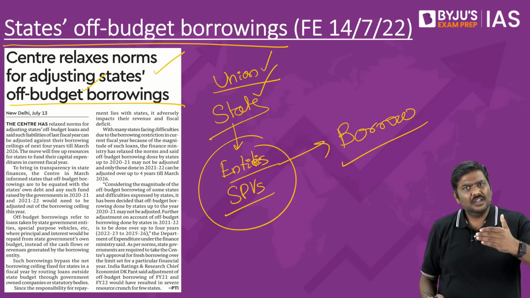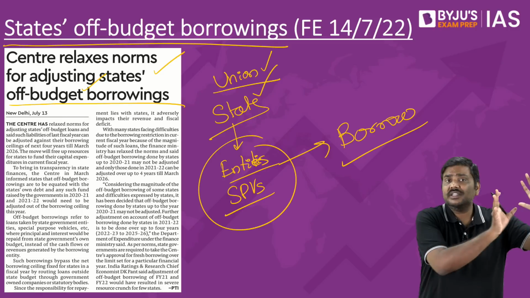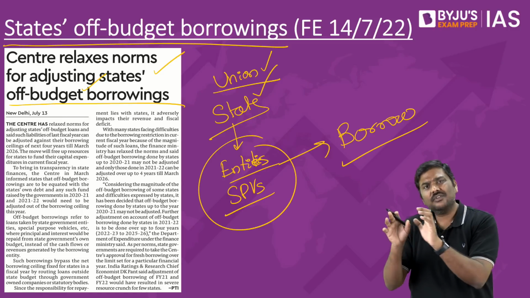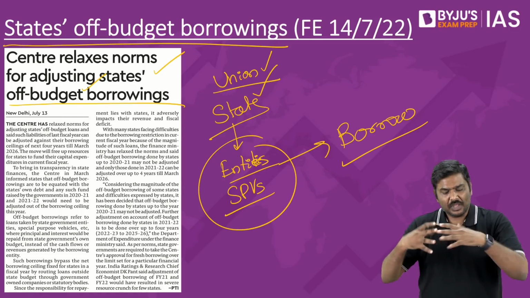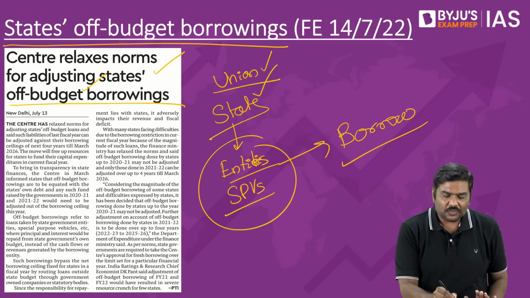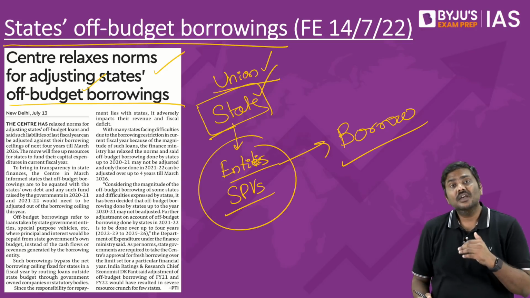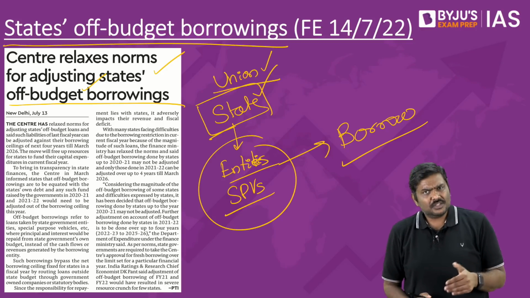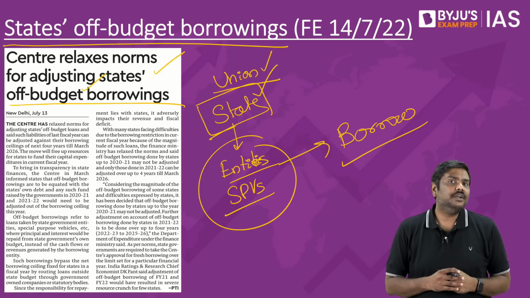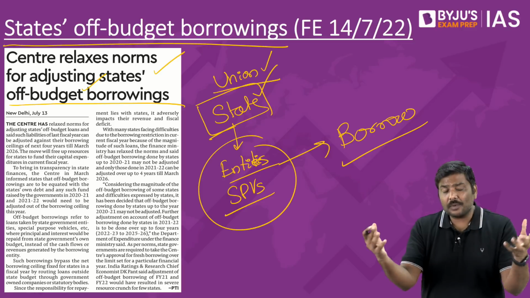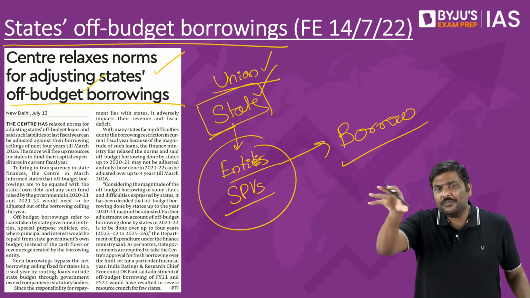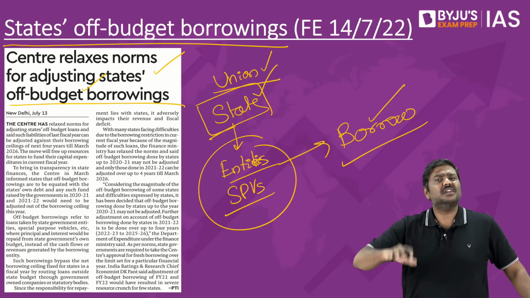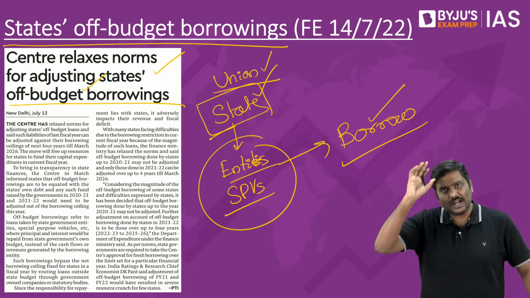Don't mix the union and state contexts. Here it is talking about state government, so I'll focus on the state government agencies. The entities or SPVs owned by the state government will borrow from the market for implementation of certain schemes of the government.